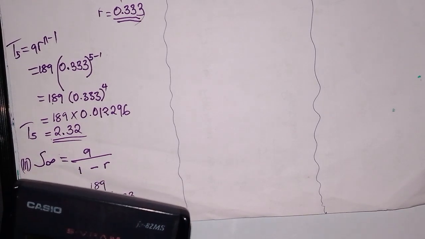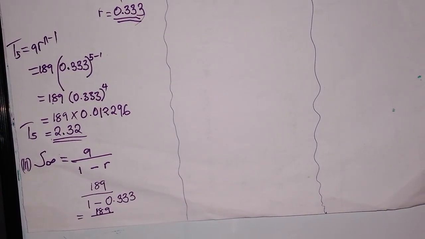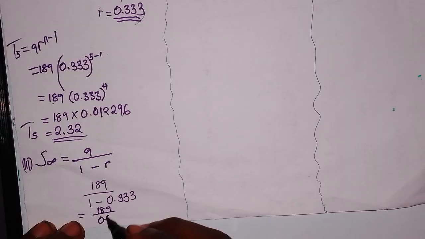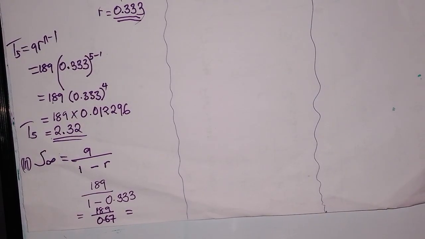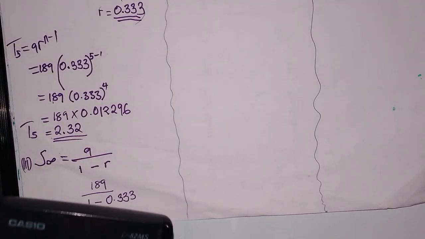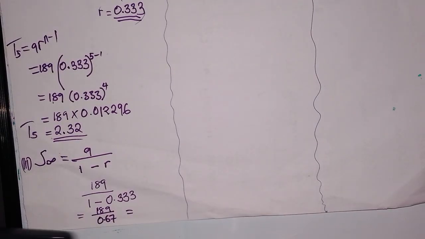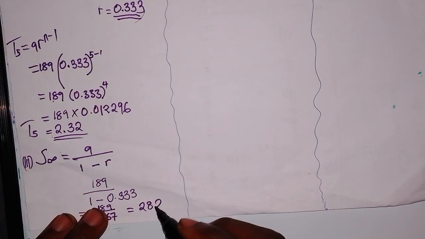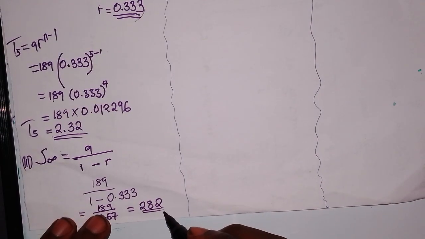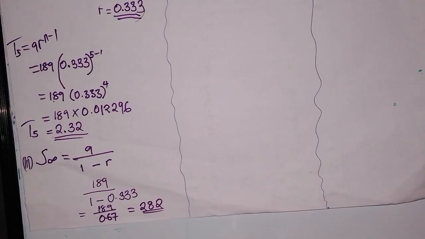We have 0.67. Then when you divide 189 by 0.67, you have your answer to be 282 as your sum to infinity.